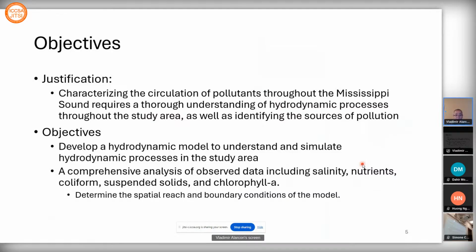To develop this hydrodynamic model, we need to make a comprehensive analysis of observed data, including salinity, nutrients, coliforms, suspended solids, and chlorophyll A. That's what we've done to provide a geographical container to our hydrodynamic model.